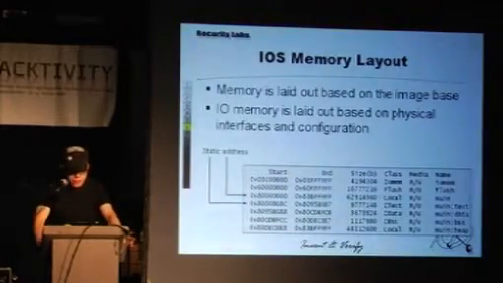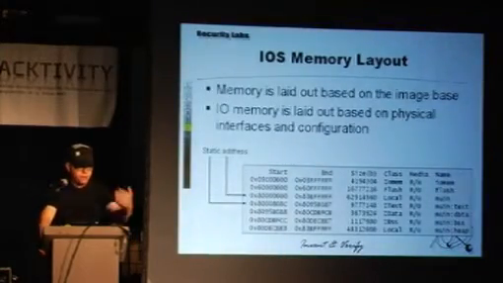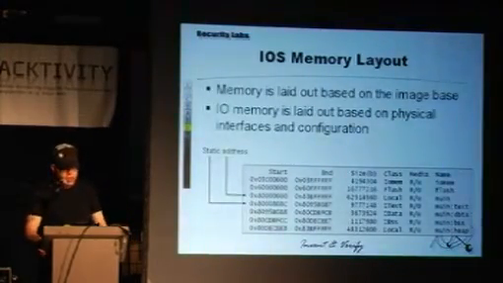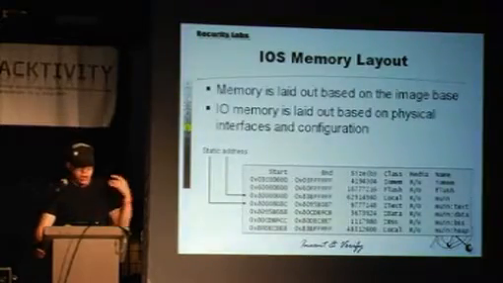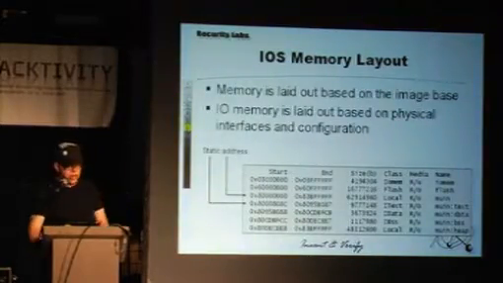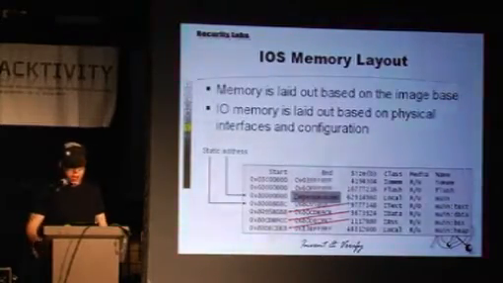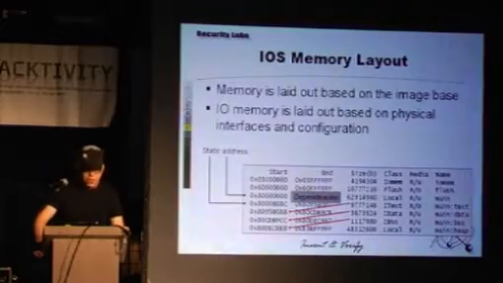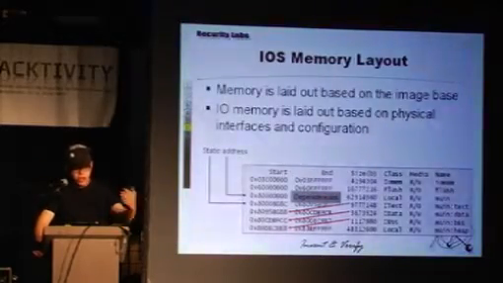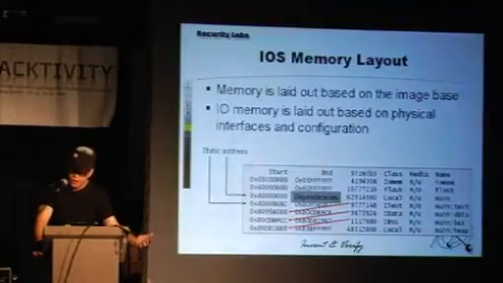So you see here the two static addresses, which is the base address to load the program at. But then depending on how much code this particular iOS image has, everything else is moved back in memory. So there is a certain dependency on the size of stuff. Which sucks, because as an attacker, you actually need to know where stuff is in memory so you can jump to it.